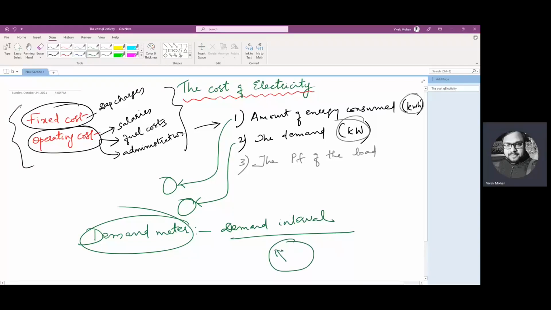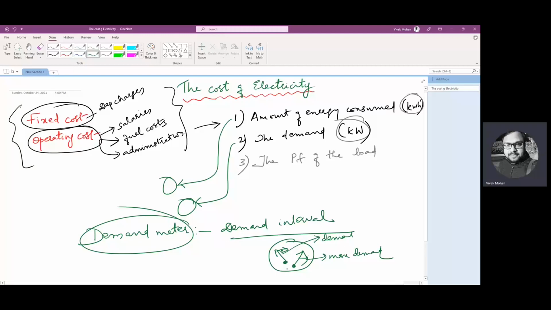The first one calculates the demand, the second one calculates the maximum demand. The second pointer is pushed upscale by the first. The first one is always moving, but whenever we see a maximum demand, this will move.